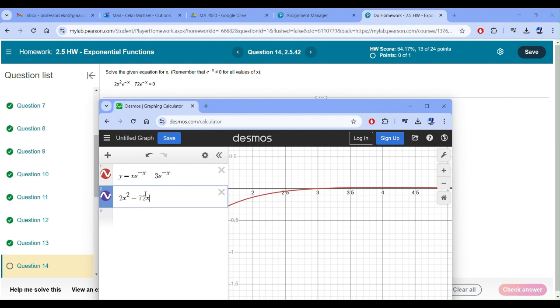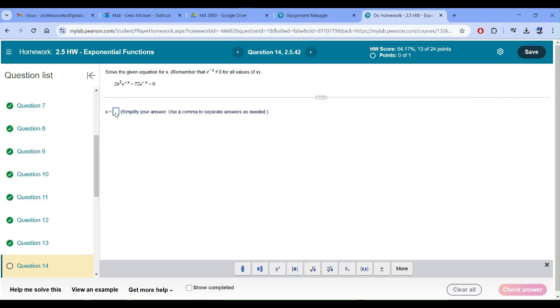Since that can't ever be equal to 0, I would have 2x and I'd be left with x minus 36, right? So then my answer is 0 and positive 36.